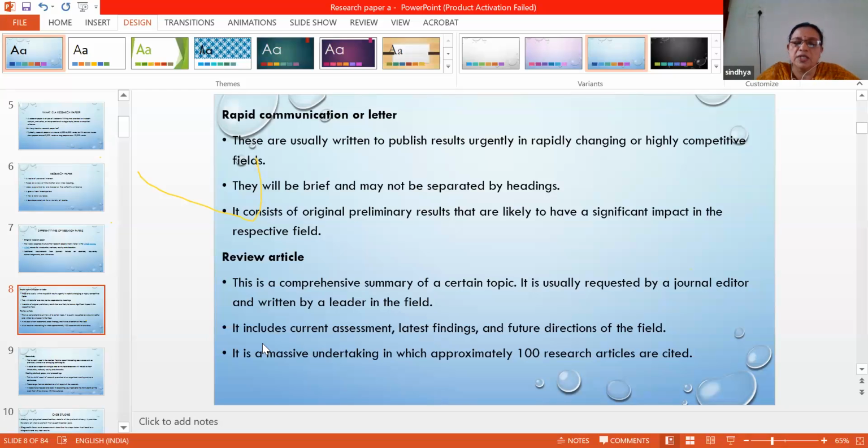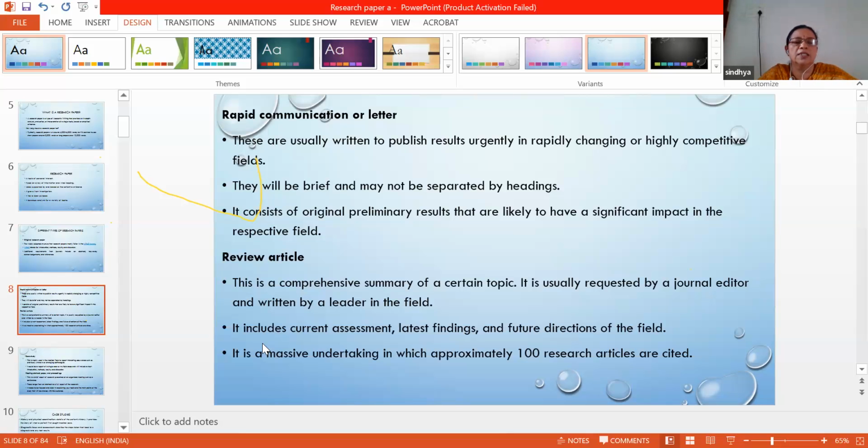So it is a massive undertaking in which approximately 100 research articles are cited. It's an elaborate process. We cannot conduct it within a short time. We have to analyze the situation deeply, and we have to review so many articles, so many documents, to arrive at a conclusion.